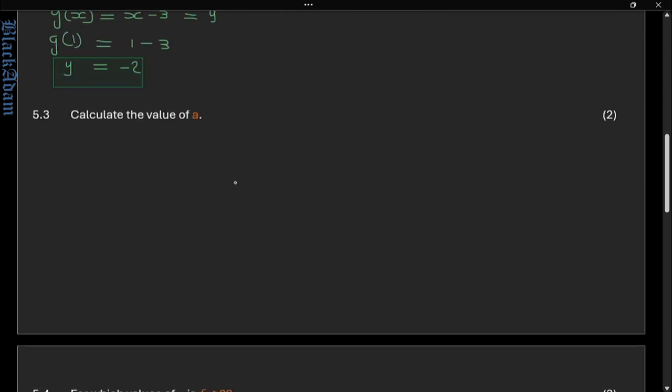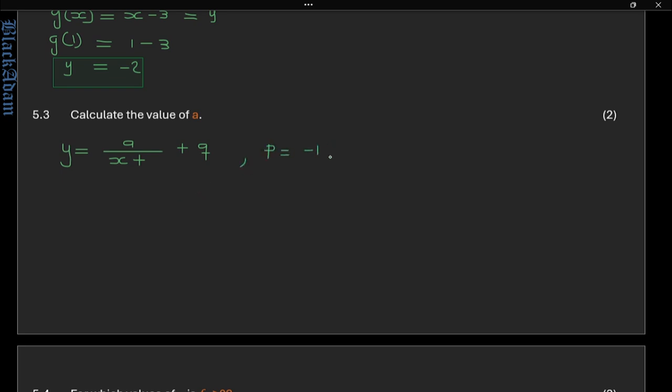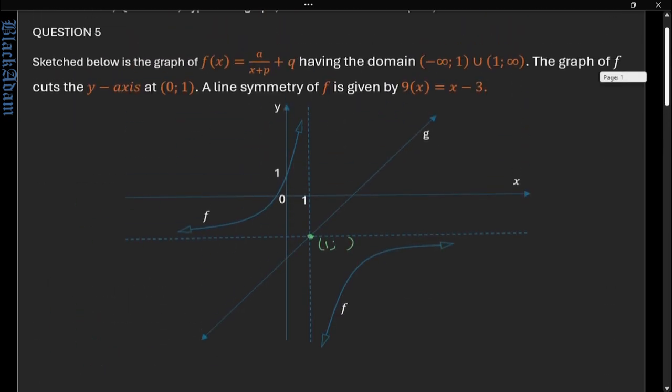So the next question, we need to find a. So y is equal to a over x plus p, plus q there. So p there is -1, and then q is -2.